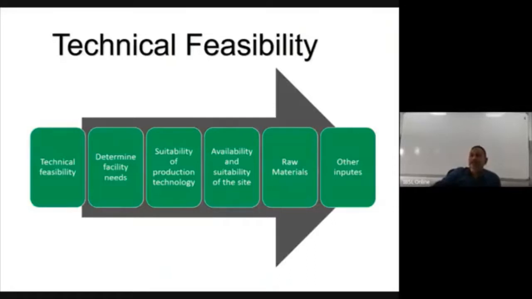Right. Next comes technical feasibility. Technical feasibility is determining facility needs. What type of technology and technical levels are applied will help us find out what type of facility is appropriate for that particular technical feasibility. Is it a loan, an overdraft, a leasing facility, or a guarantee?